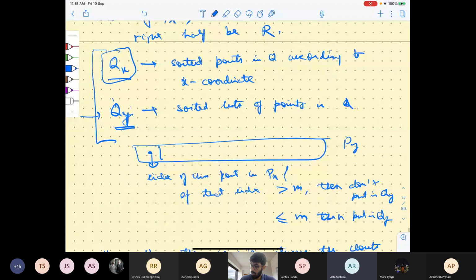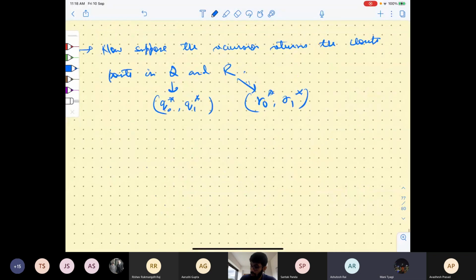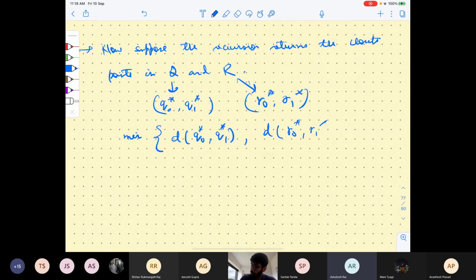Exactly. So as Mani says, let the minimum of the distance of Q0, Q1, the distance of Q0 star, Q1 star, and the distance of R0 star, R1 star, let this be delta. So delta is defined to be this.